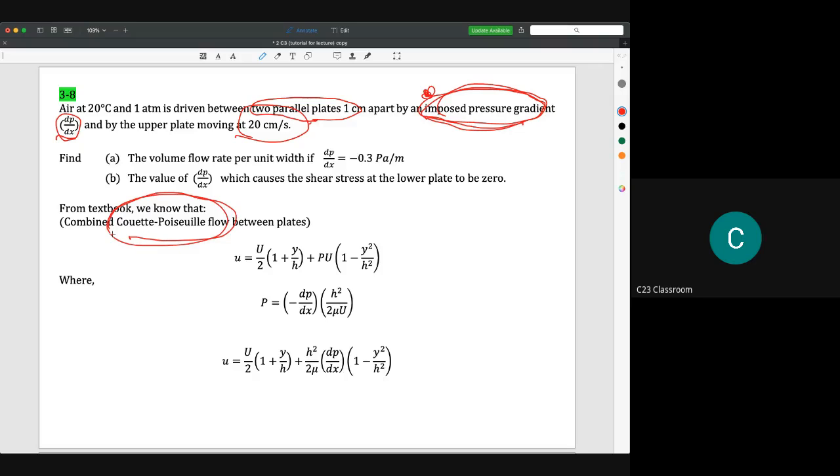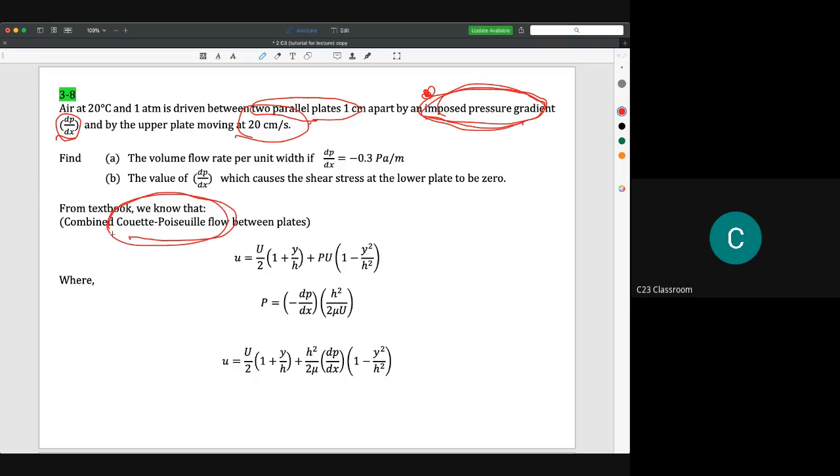I'm not deriving this one. In the textbook we can derive the velocity distribution for this situation, where the Couette flow still needs to take the pressure difference into account.